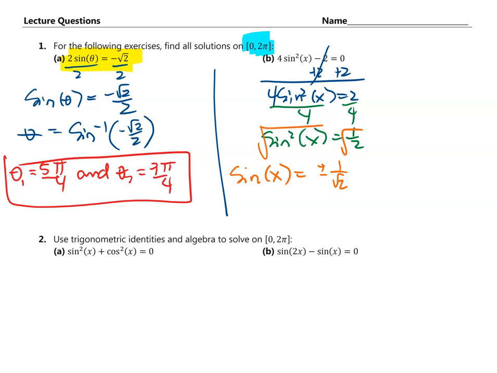And remember, to rationalize this, that becomes square root of 2 over 2. Positive and negative. So let's start with the positive.